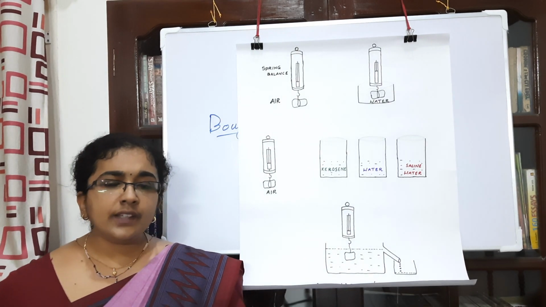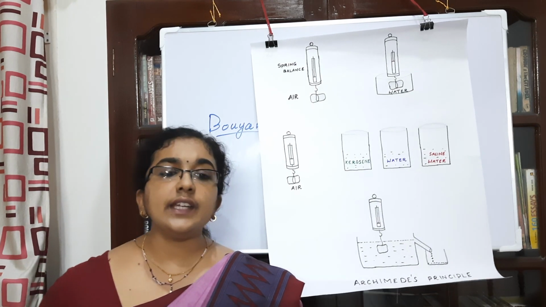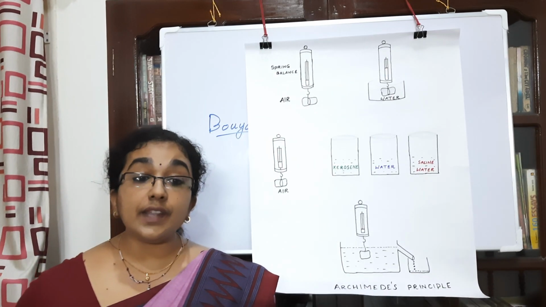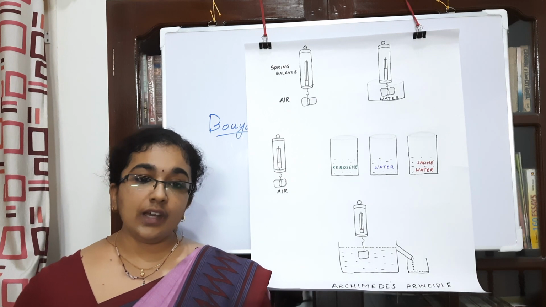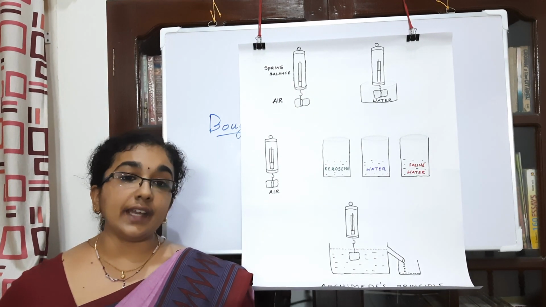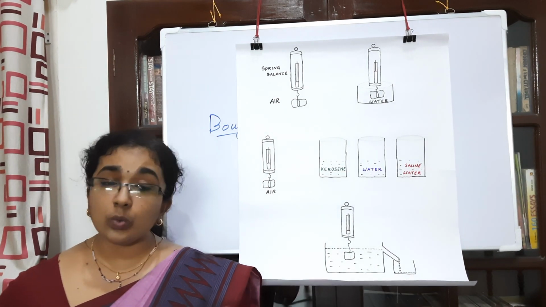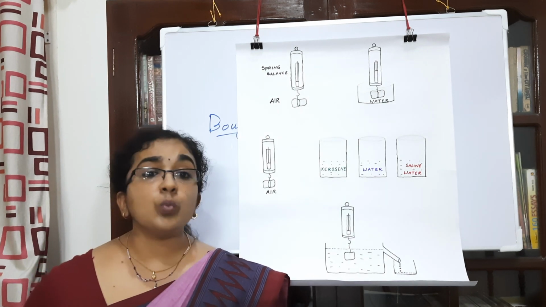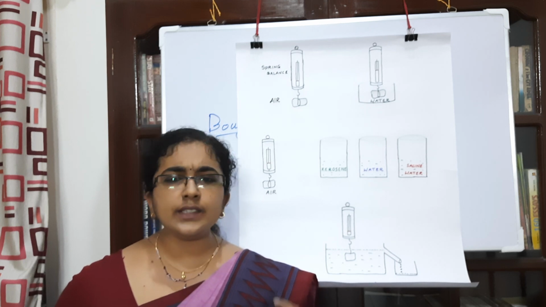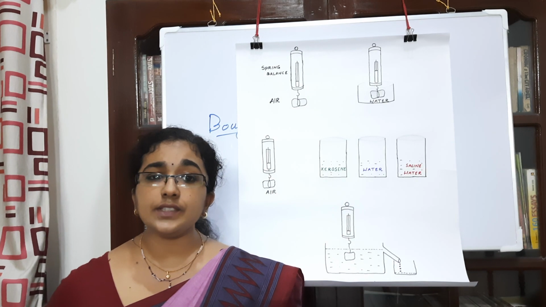Then the question is, in which liquid did the stone experience the maximum buoyancy? The stone experienced maximum buoyancy in saline water. Next, in which liquid did the stone experience the least buoyancy? Is the density of that liquid higher or lower than that of other liquids?